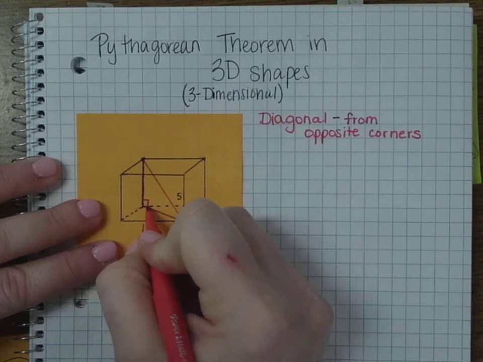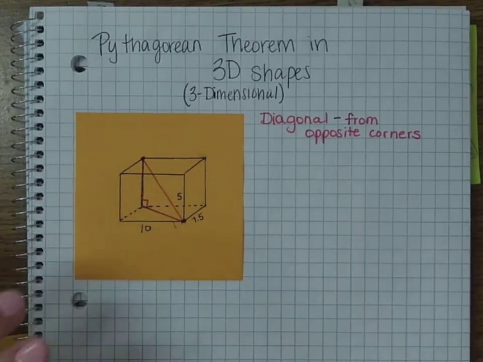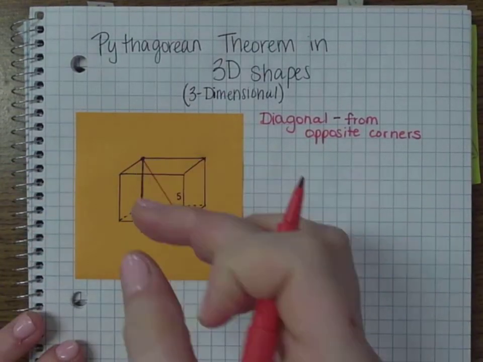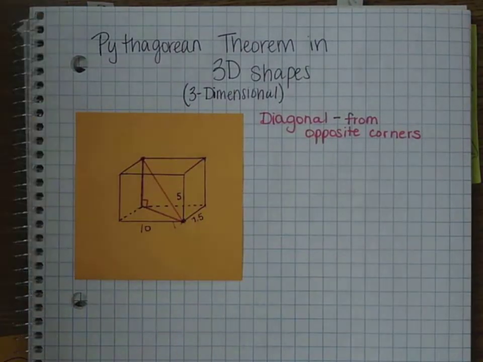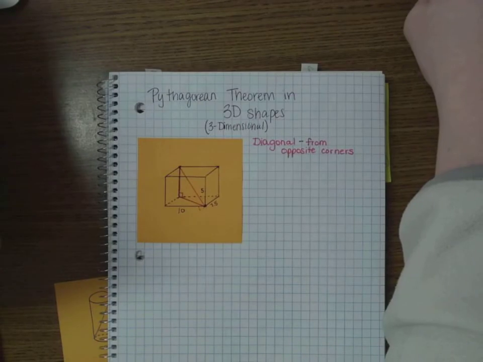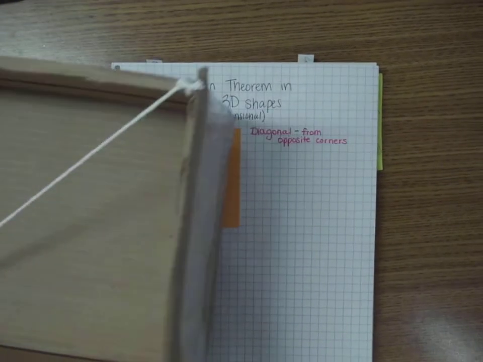So that's my right angle. So do you see, and that's why it's 3D shapes, there's that triangle coming out at you. So, I don't know if you could see it in the last one.